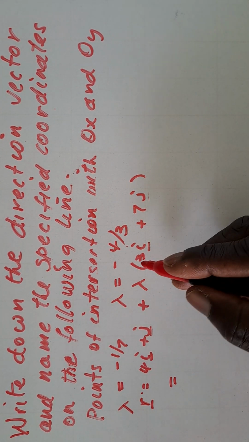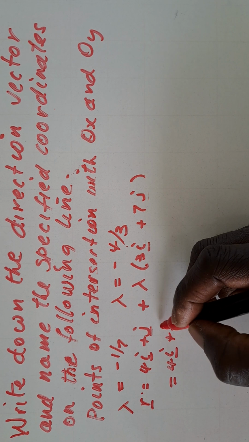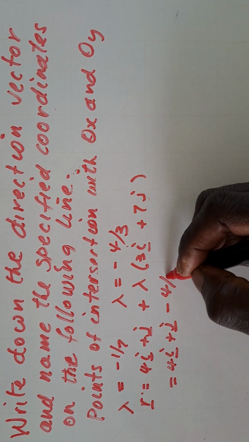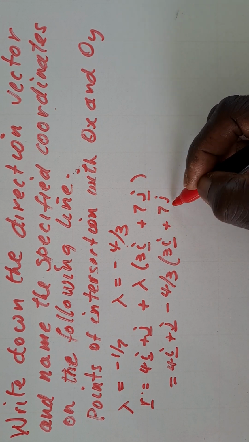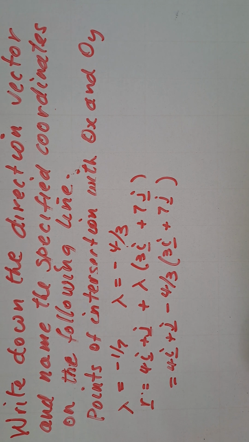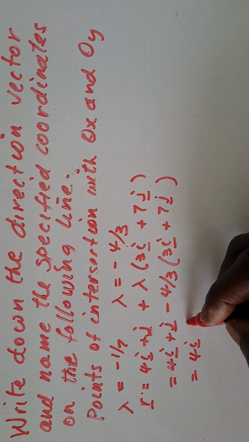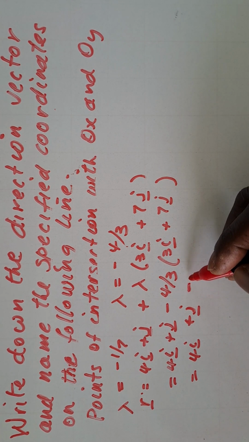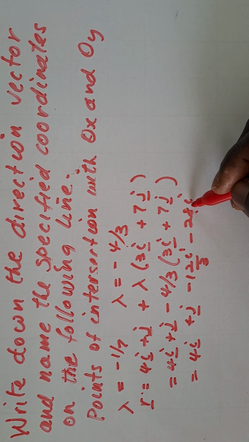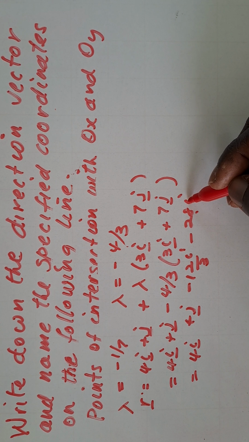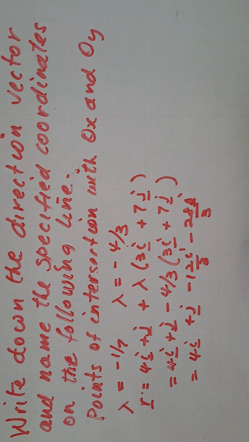Similarly, with the other value of lambda, which is minus 4 over 3, we have 4I plus J minus 4 over 3, 3I plus 7J. And this simplifies, gives 4I plus J minus 12I over 3 minus 28J over 3.